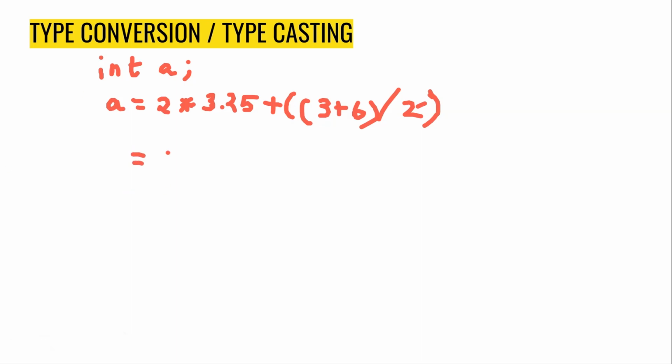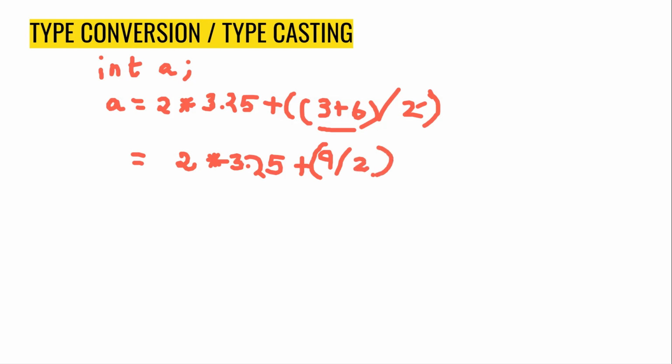If you see this expression, the innermost sub-expression will be evaluated first, which means 3 plus 6 will be evaluated first. As both the operands are integers, it works in integer mode. So the answer is 9. So you will get the expression as 2 into (3.25 plus 9) divided by 2. Now the next evaluation will be the next sub-expression, which is 9 by 2.